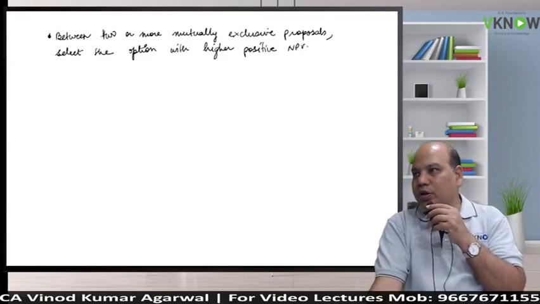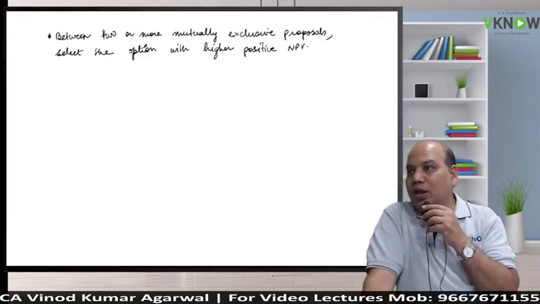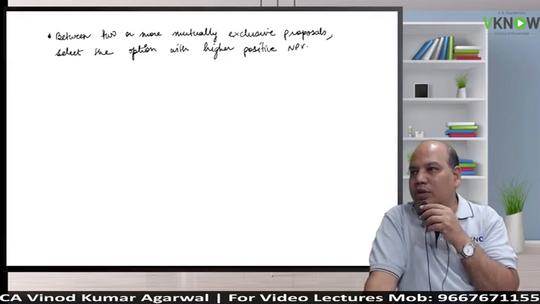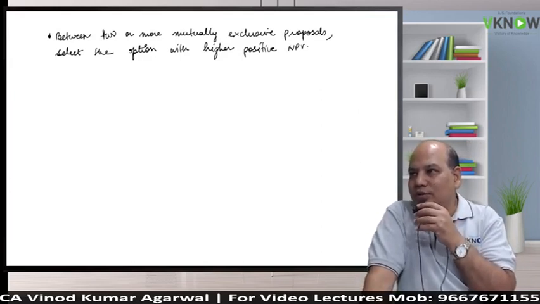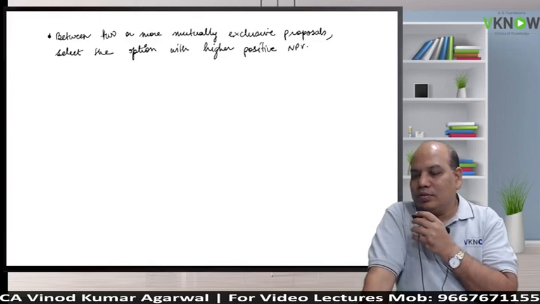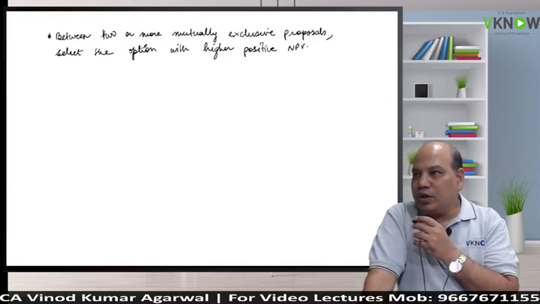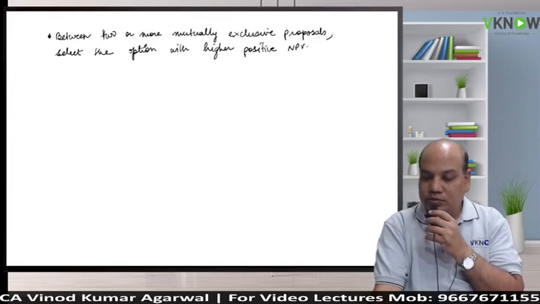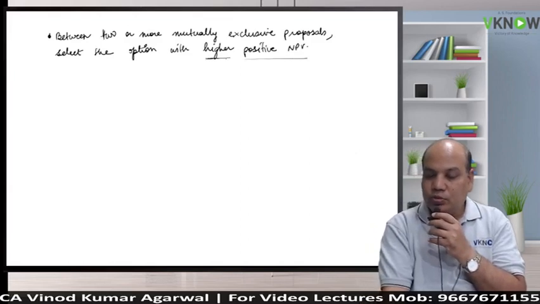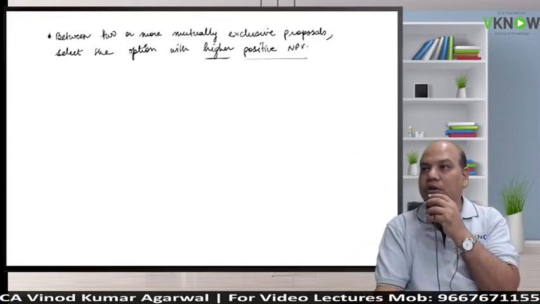It should be positive NPV and it should be higher positive NPV. If both of them have negative NPV, then both should be rejected. So we have to first ensure the project we are selecting has positive NPV, and if we are comparing two or more, then it should have a higher positive NPV.